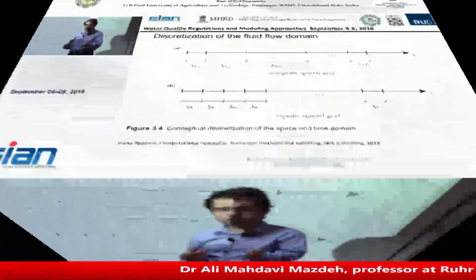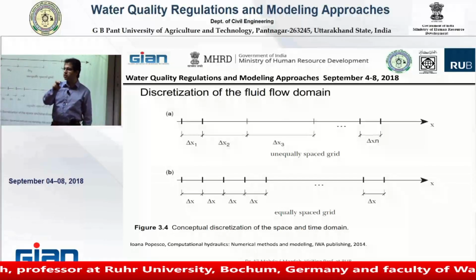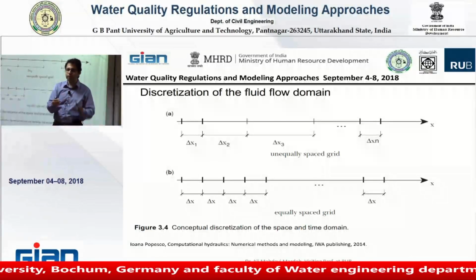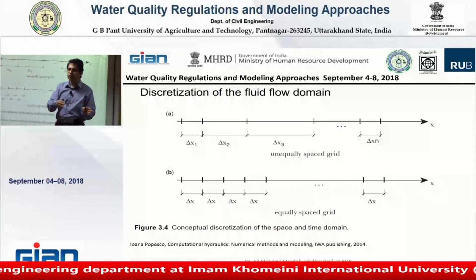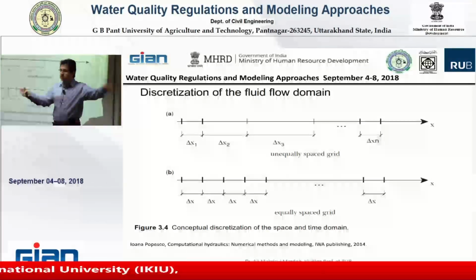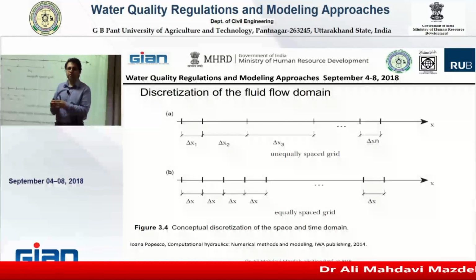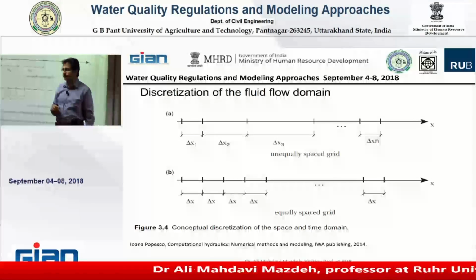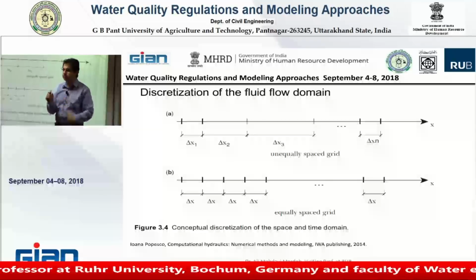So when you are professional in your work, you know where the change is much more and where the change is much less. In the places where you have less change in your data, you can make bigger grids, and when the changes are large, then you can make smaller grids.